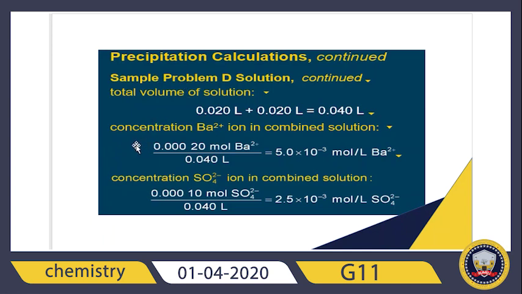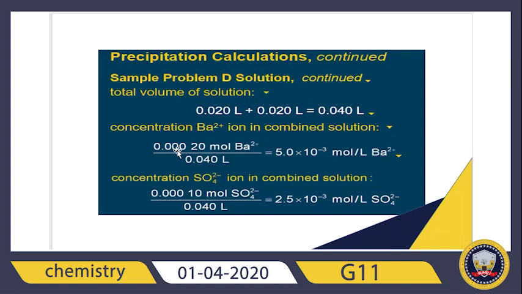The last step: find out the concentration of barium ions and sulfate ions in the combined solution. To find the concentration of barium, you simply need to divide the number of moles by the volume of the solution.